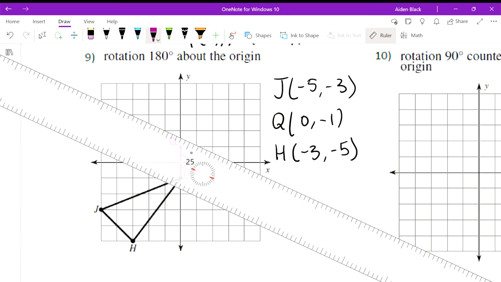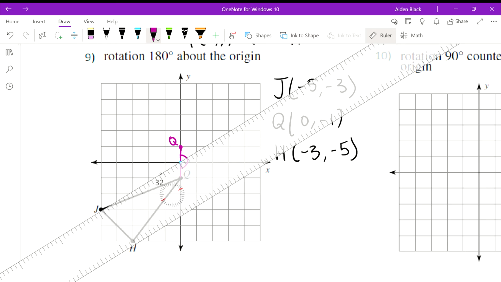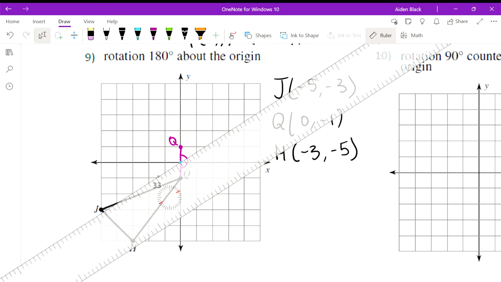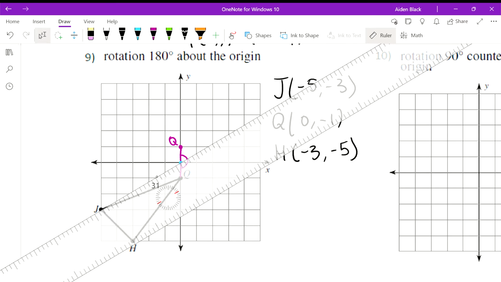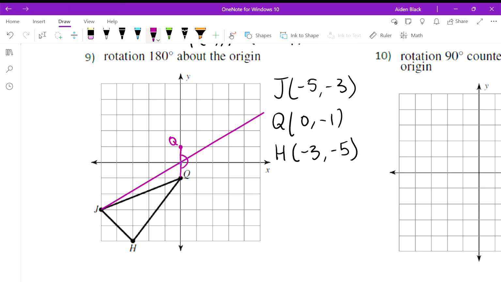Let's look also right here at the other points. So J to the origin. Again, 180 degrees. That's 180 degrees, a straight line, right?